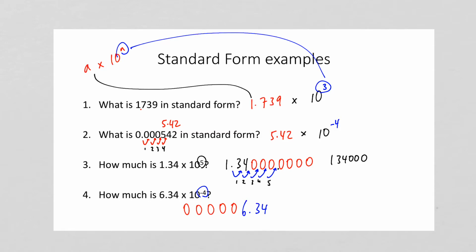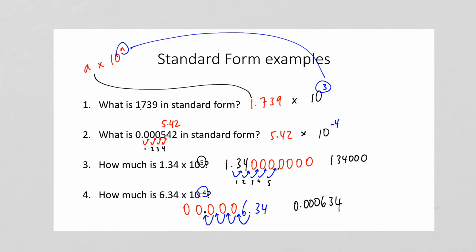So 0.000000006 is the same as 6. We're just doing that to help us figure out where we're going to move our decimal place to. So we're moving to the left this time because it's a negative number. So 1, 2, 3, 4. We're going to put our decimal place right here, which means we're going to end up with 0.000634 as our answer.